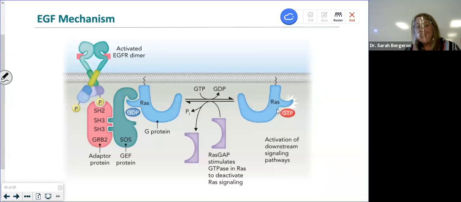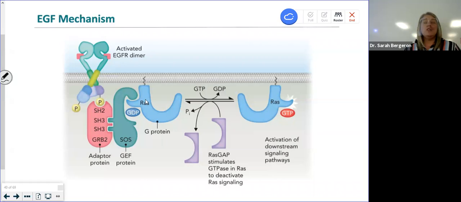Now we can activate that same set of downstream signaling events that occur when you have a G protein that's associated to GTP. So there are some similarities and there are some differences in the pathways. This side of the pathway gives you very much similarities to GPCRs, right? Because we activate this G protein called RAS.